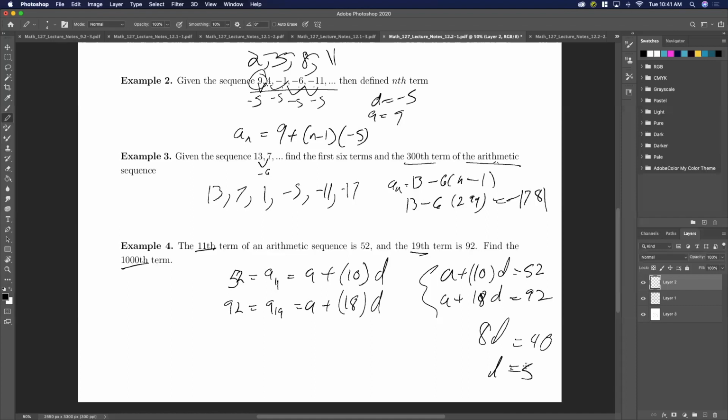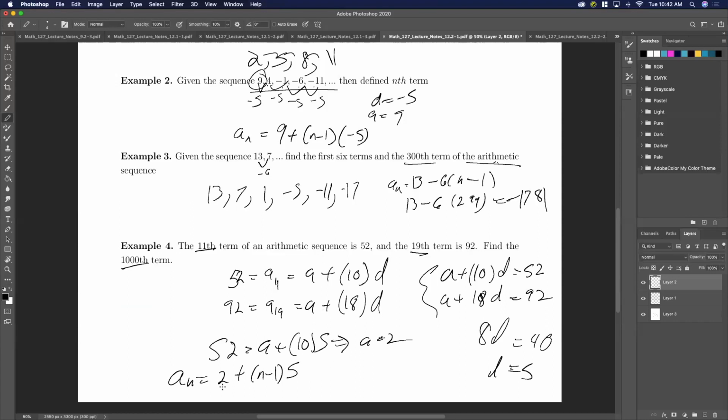Once I know d equals 5, I can use 52 equals a plus 10 times 5. This implies a is 2, since 10 times 5 is 50. So my formula is a_n equals 2 plus (n minus 1) times 5. You could have done the same with 18 times 5, which gives 90, leaving just the 2.